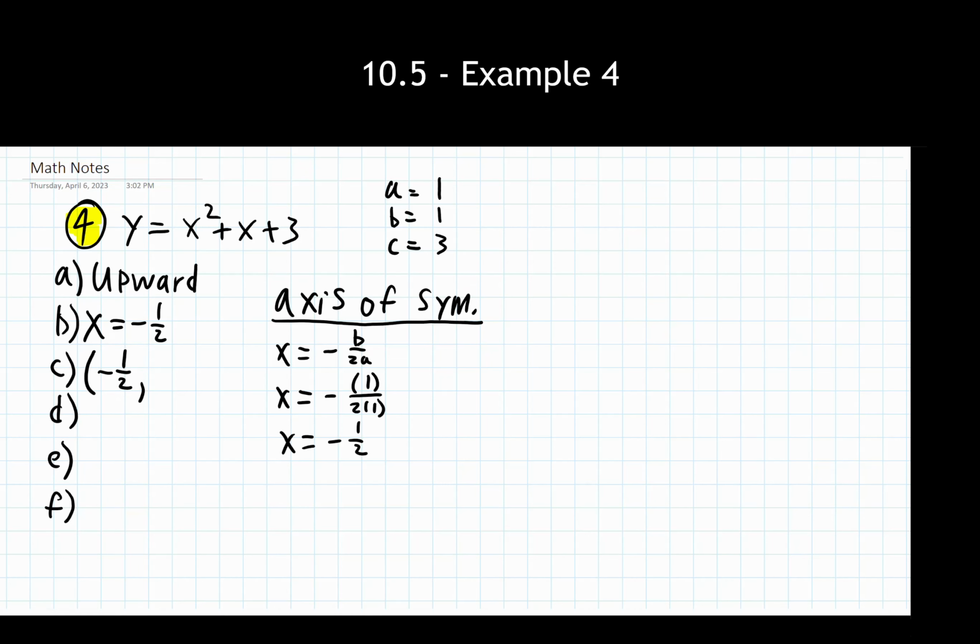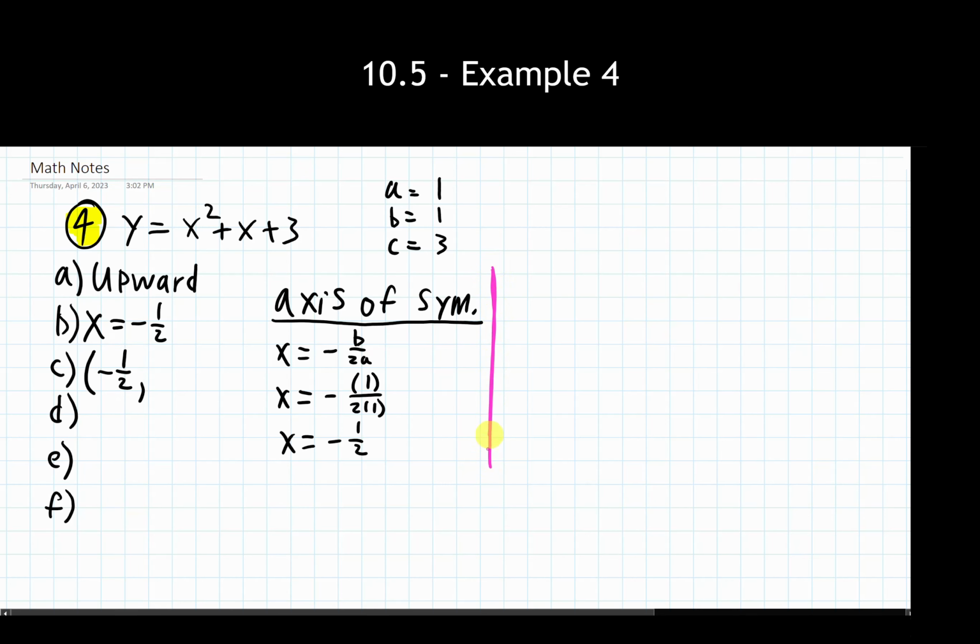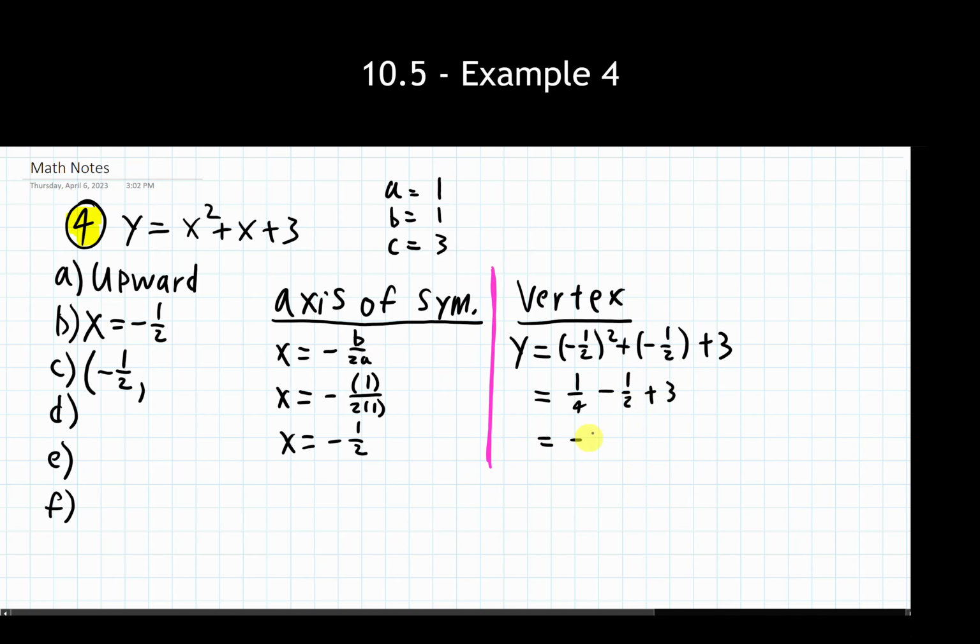Now coming over to the other part with this, if I'm solving for the rest of the vertex, and I'm getting a y value of, whoops, should be a positive, 11 over 4. So I have my y value of my vertex is 11 over 4.